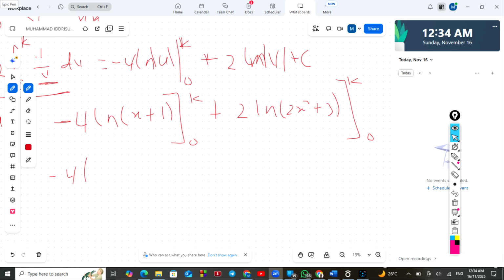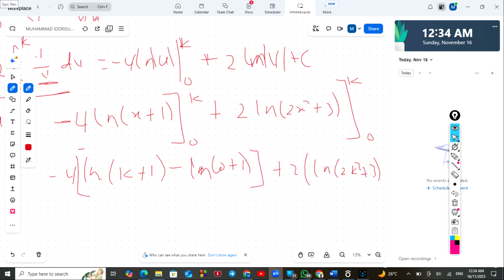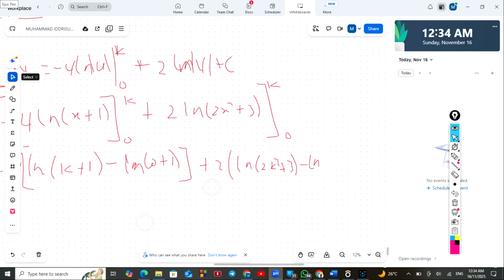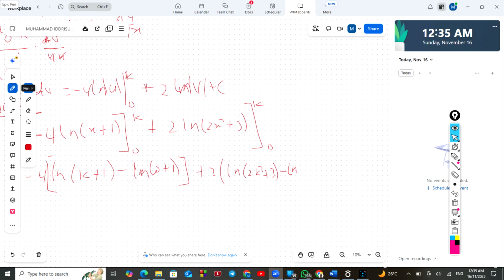We have minus 4, and first we substitute k for x, so ln of k + 1, minus ln of 0 + 1, plus 2 bracket open ln of 2k² + 3, minus ln of 2 multiplying 0 squared plus 3.